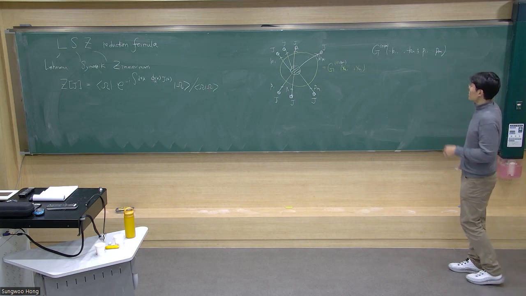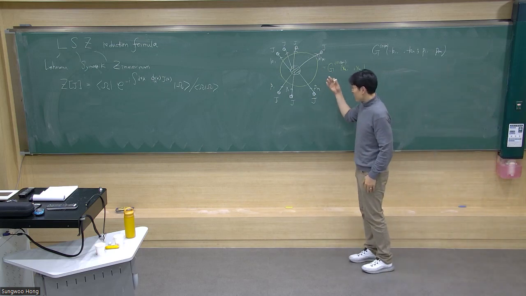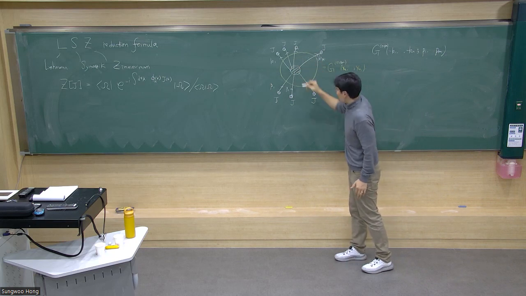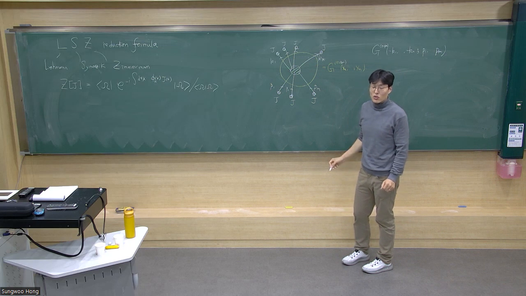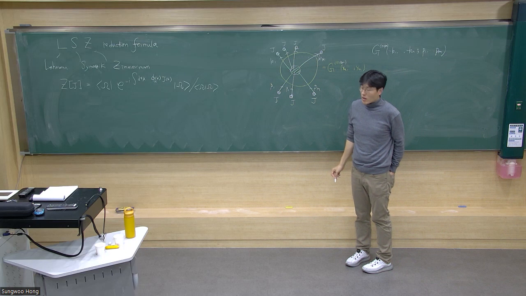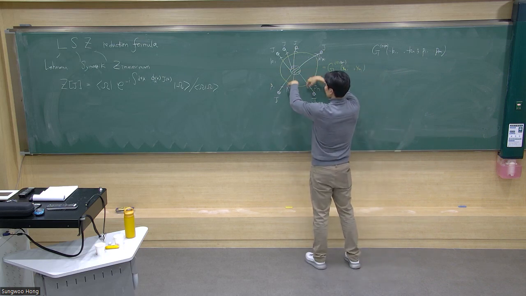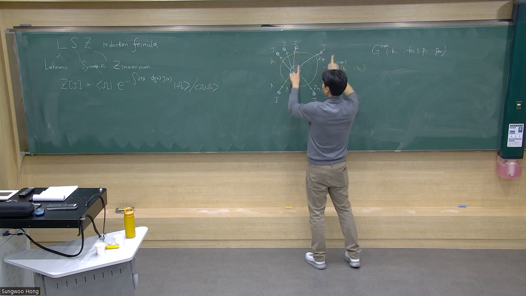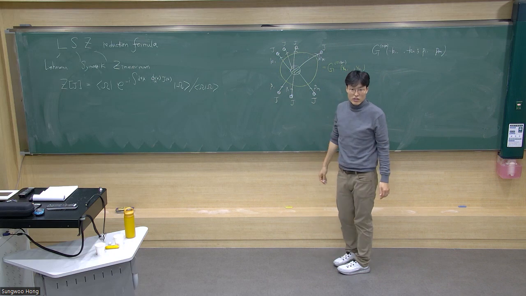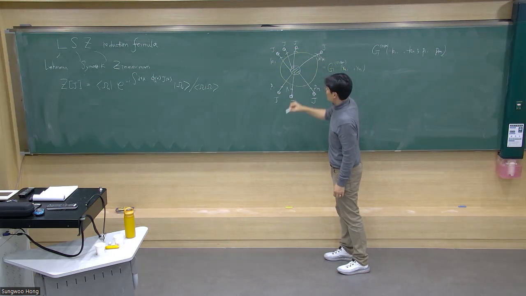So let's look at this. The statement is the following. This almost looks like a diagram that we need to compute the S matrix, right? The scattering matrix. All you need to do is somehow make these lines eventually asymptotic particle states, asymptotic in state, asymptotic out state, and then chop off the external legs.